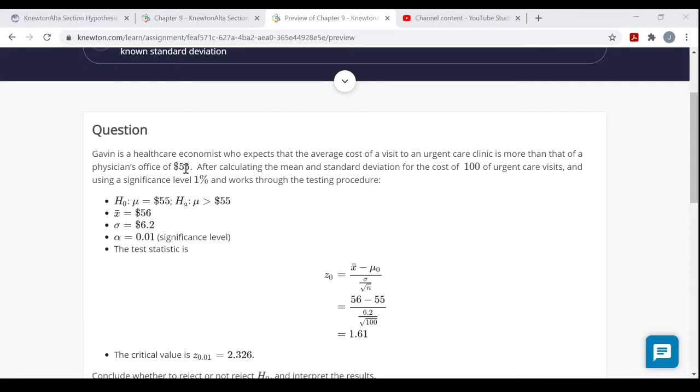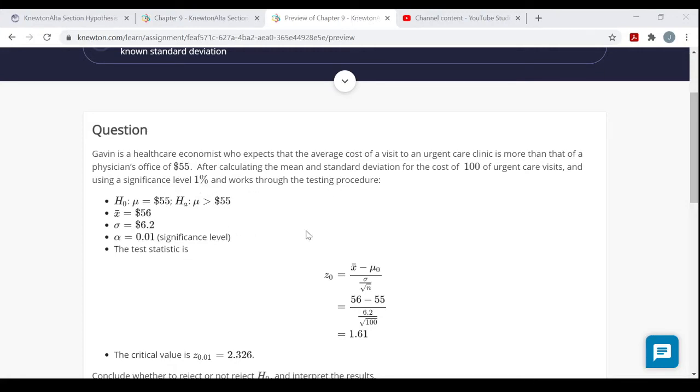After calculating the mean and standard deviation for the cost of 100 urgent care visits, so this is a sample, and using a significance level of 1%, so that's your alpha, 0.01, he works through the testing procedure.